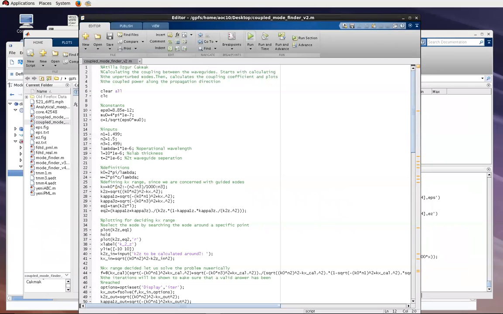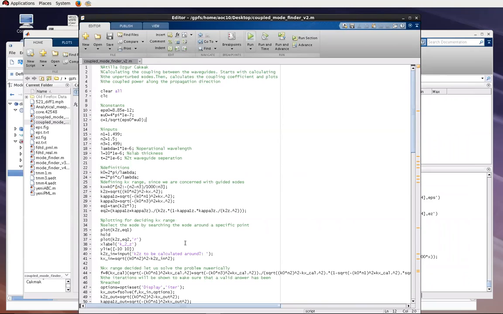It's taking a little bit of time because of this lag due to connection problems with the server. Really sorry about that. In the meantime, as you can see, the code has been arranged in a very similar fashion. We have to first find the unperturbed modes, and we're going to be doing the same things, but different from the previous one, we're just interested in a single mode.